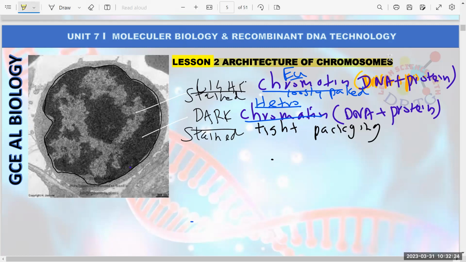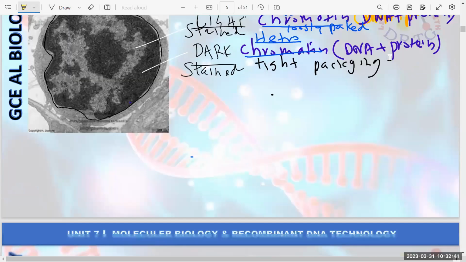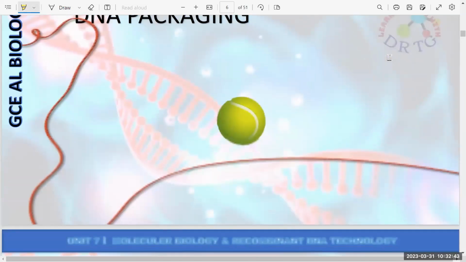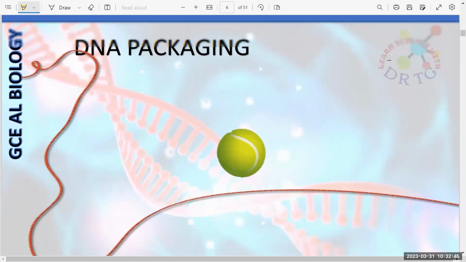Let's start to learn what this packaging is, why it is important, and what the role of packaging inside the nucleus is. First, we're going to understand the complexity of the packaging.